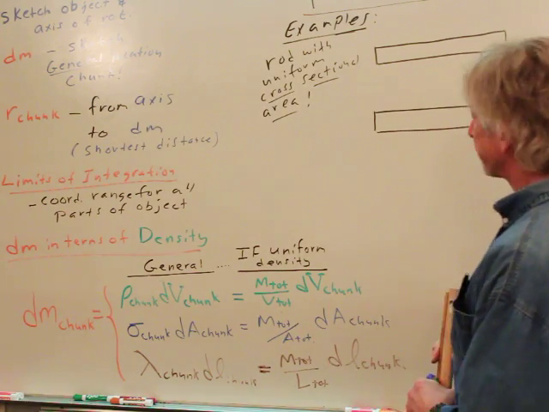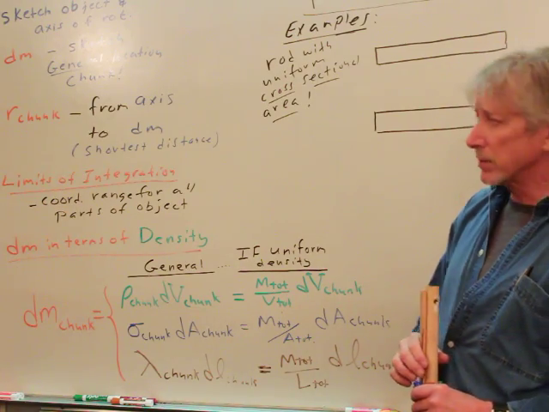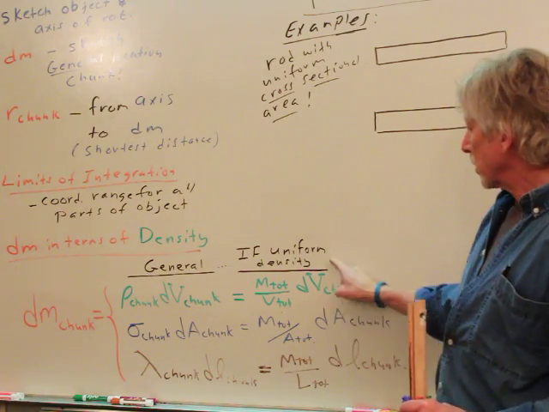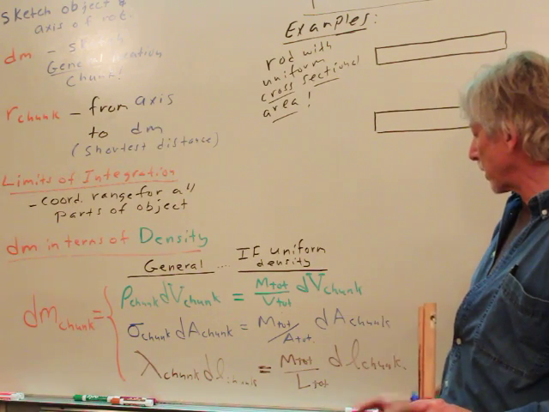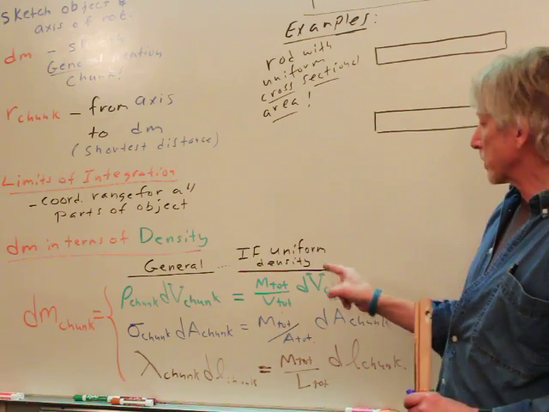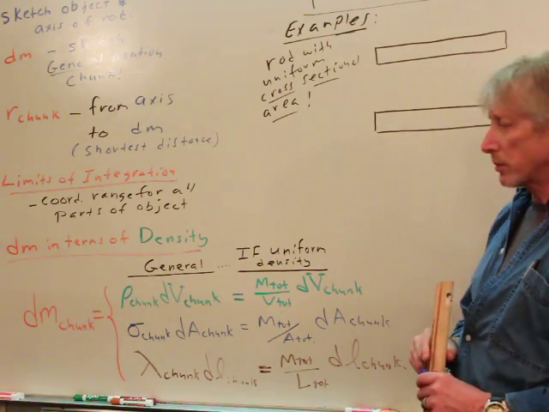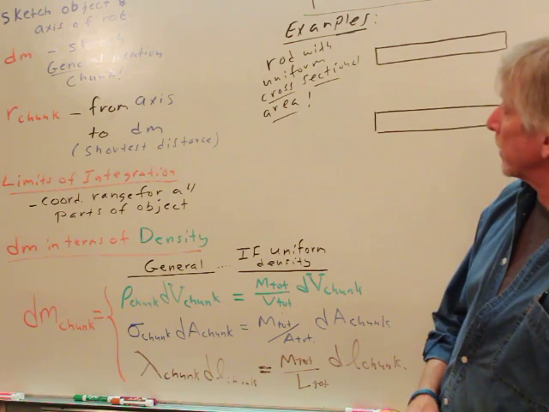All right, fine. When we do this, the next step that I didn't put on the last one is to look at the dV of the chunk, look at the dA of the chunk, or look at the dL of the chunk in terms of your coordinates. Okay? So write that down as a 5-step program here.